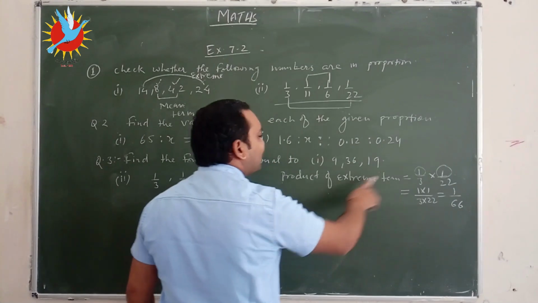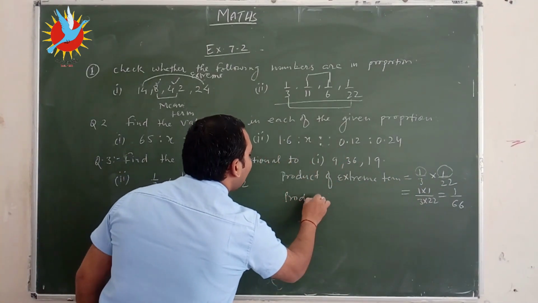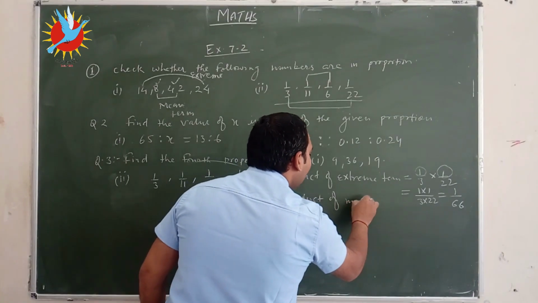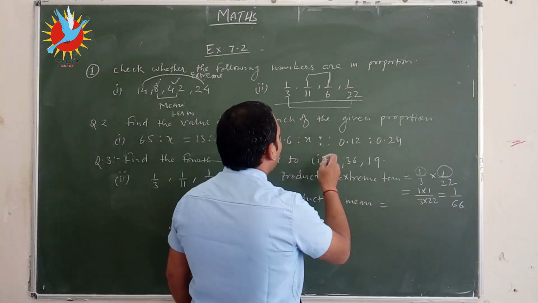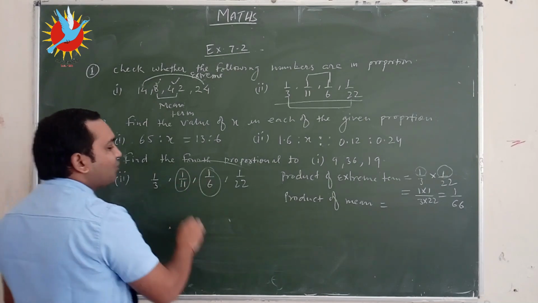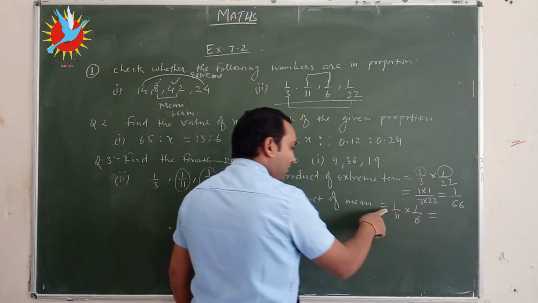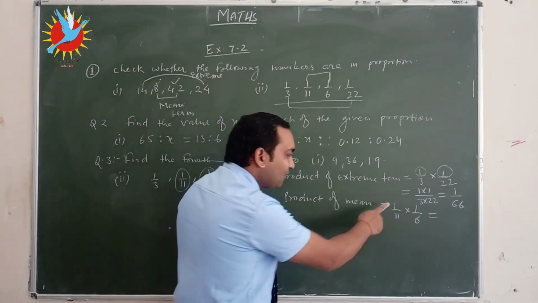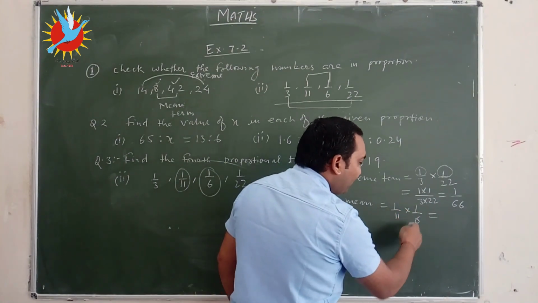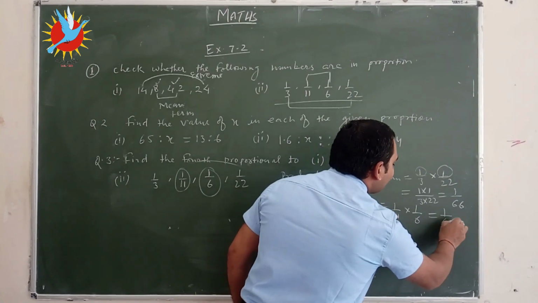So the product of extremes is 1 by 66. Now the product of means, the middle two terms are called the mean terms. So 1 upon 11 into 1 upon 6. We multiply numerator into numerator and denominator into denominator. So 1 upon 11 times 6 is 66.